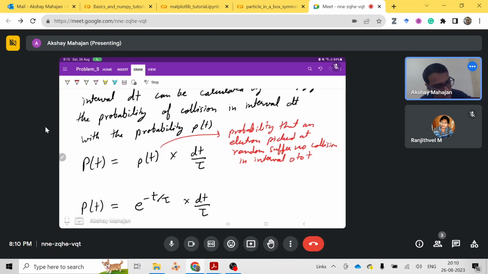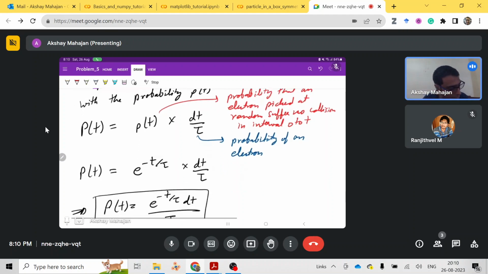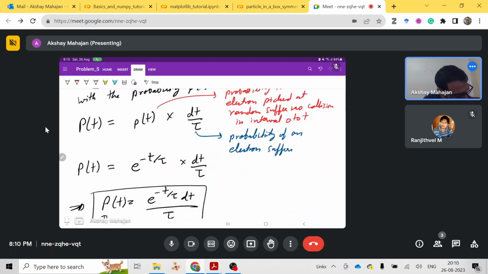Alright, and this is the probability of an electron suffering a collision in an interval dt, which is a very small time interval.